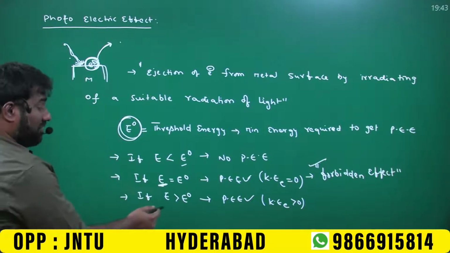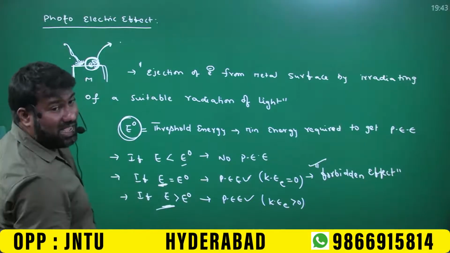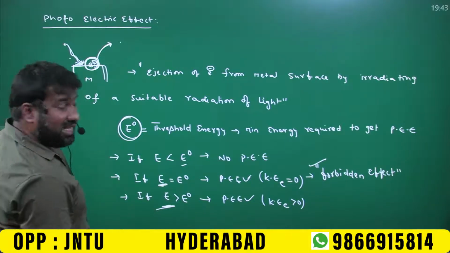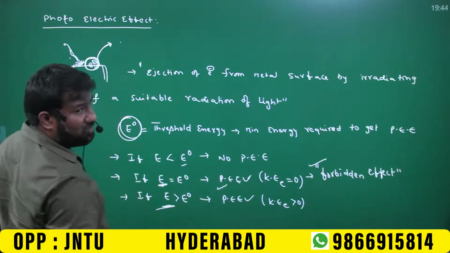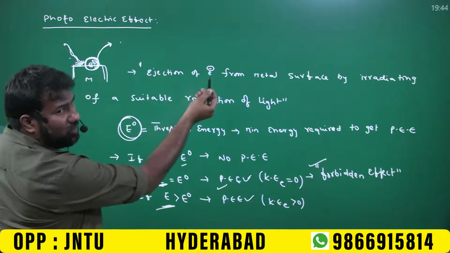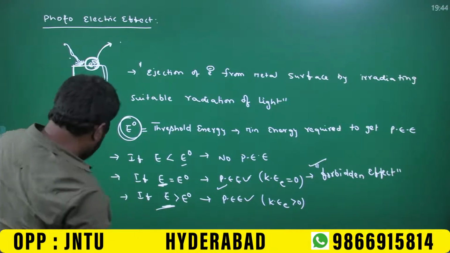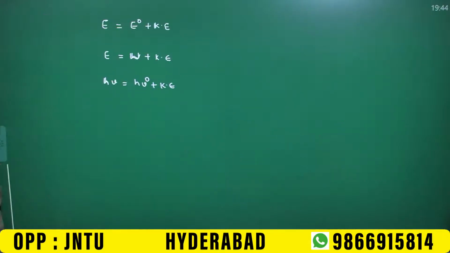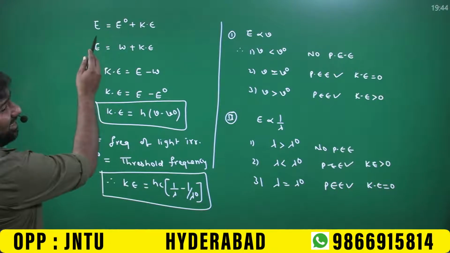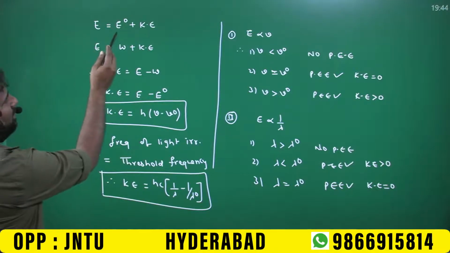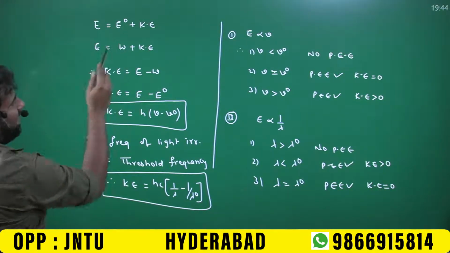If the energy of the radiation is greater than threshold energy, photoelectric effect is observed. The electron is ejected out and moves with certain kinetic energy, so energy radiated equals threshold energy plus kinetic energy.